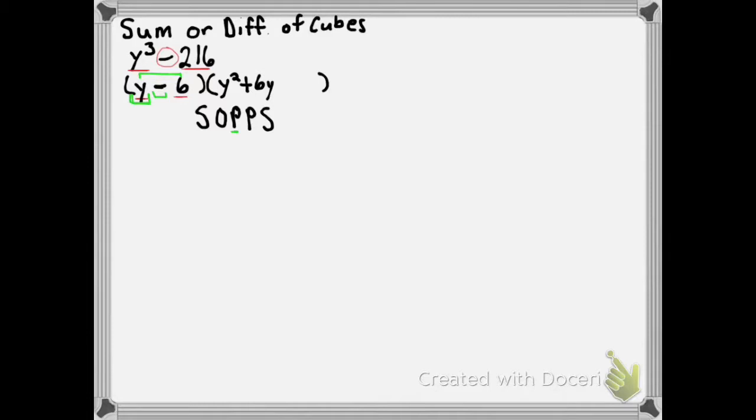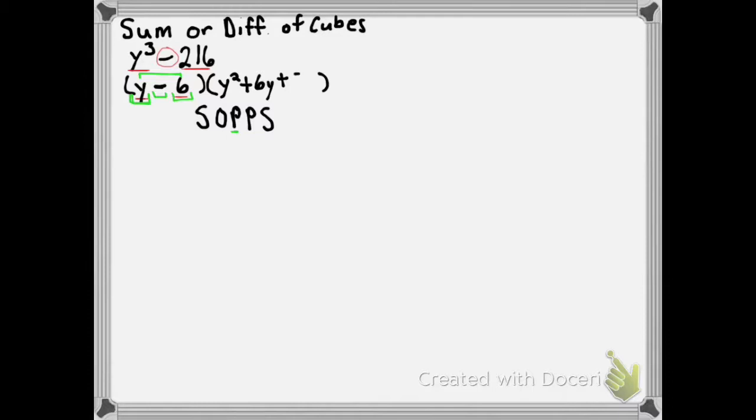The second P means plus. Means our last sign is always plus. And the last S means square. Means we're going to square this last term to get that last term in the trinomial.